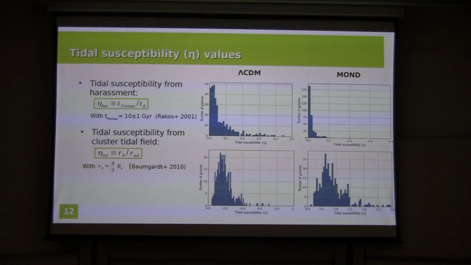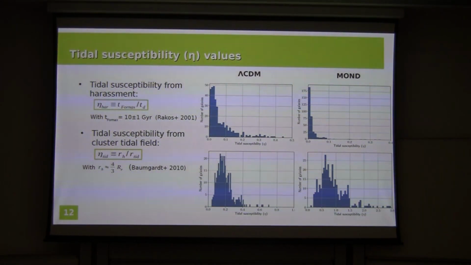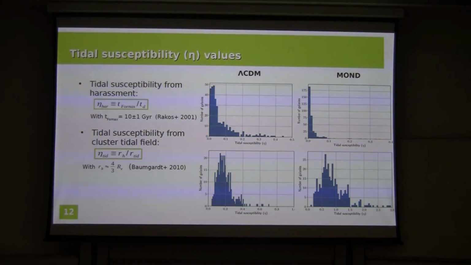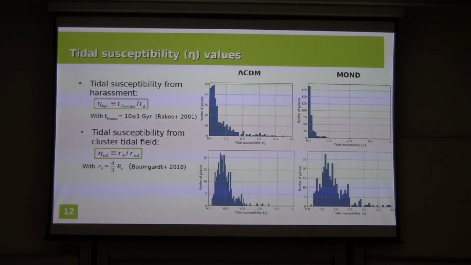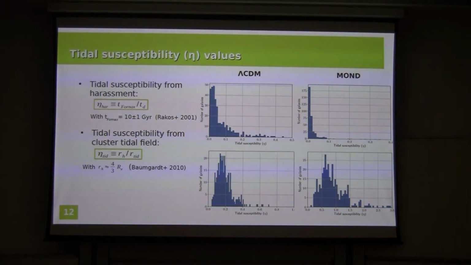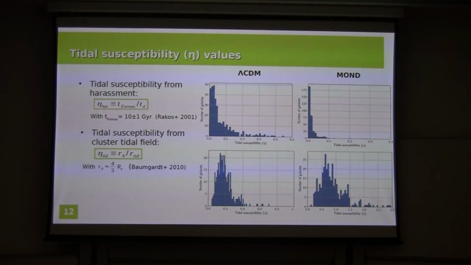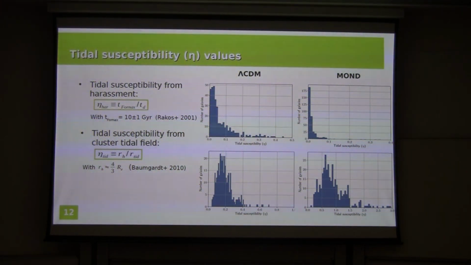So now we look at the tidal susceptibility from the cluster tidal field. And in this case, you might be able to see that the numbers are quite a bit higher. So it seems like the reason why the dwarfs are being disturbed in the Fornax cluster case is because of tides from the cluster tidal field.